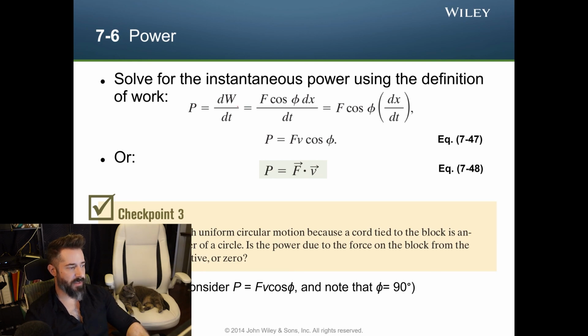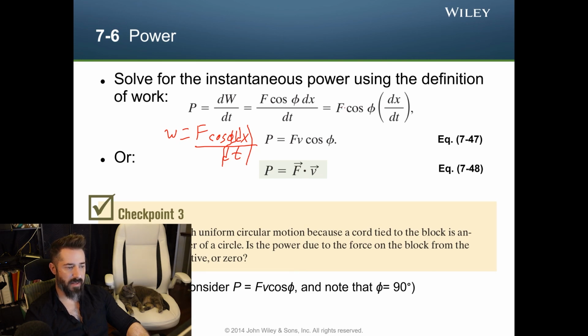So if we look at this, we have the power equals the change in work over the change in time. We can explicitly say that work equals force times the cosine of whatever angle times the change in x, right? We put that over dt. We see now that we have dx over dt, so we can isolate these.